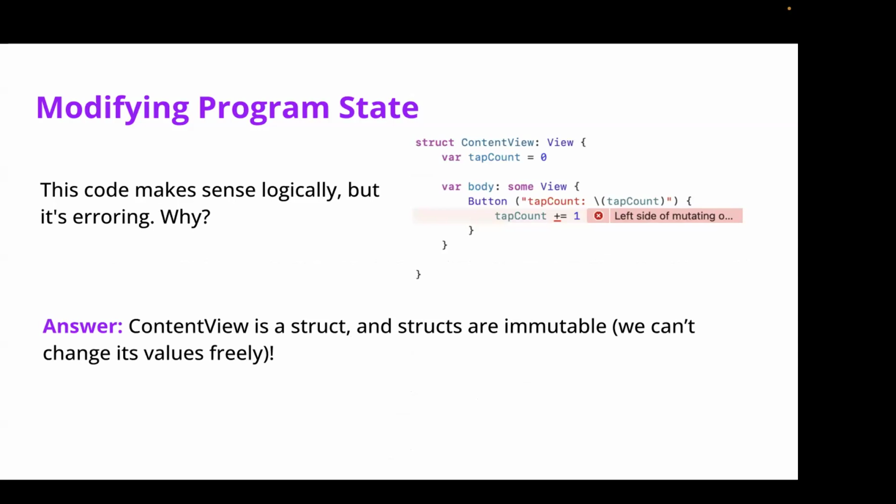But it's erroring on the code. You see the error on Xcode. The reason is because content view is a struct and structs are immutable. We cannot change the values in structs, but in the body, in the button, we're attempting to change tap count, which is part of the struct. That's why it is erroring.